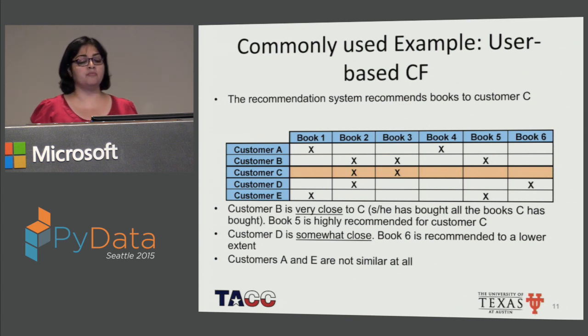So book 5 will be more highly recommended to customer C than book 6. As you can see, A and C have no overlapping results, so their weights will be really small. It would not be taken into consideration compared to B and D.